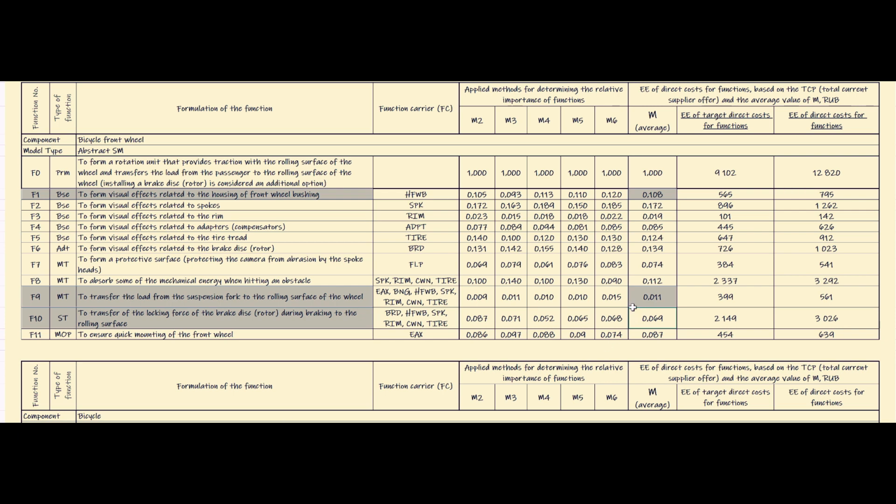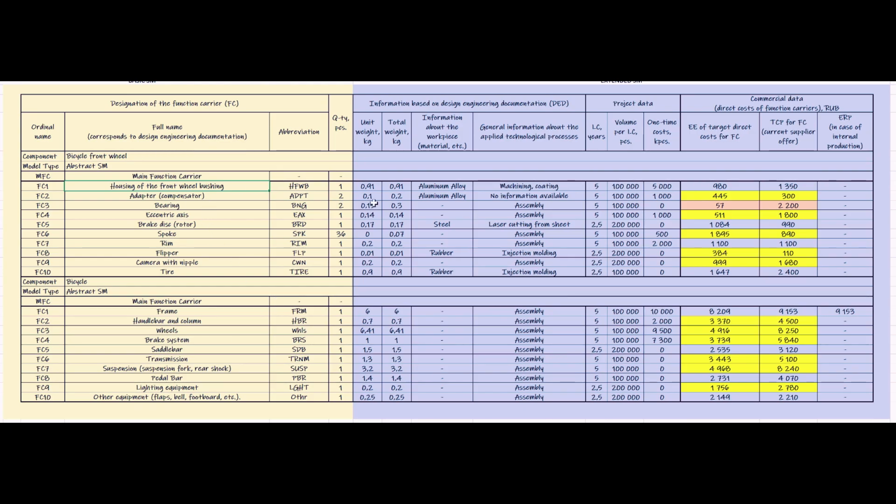Therefore, the significance of the function carrier of the HFWB functions is 0.108 plus 0.011 plus 0.069, which is equal to 0.119. Similarly, the significance of all other carriers of functions from FC2 to FC10 is determined.